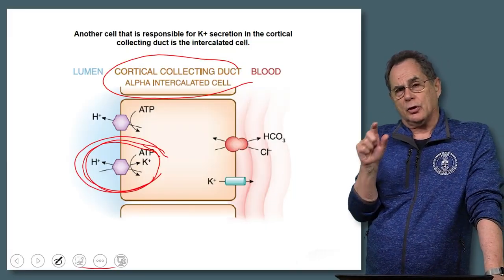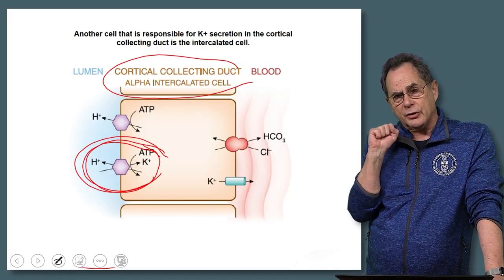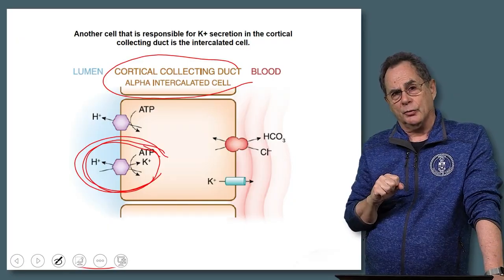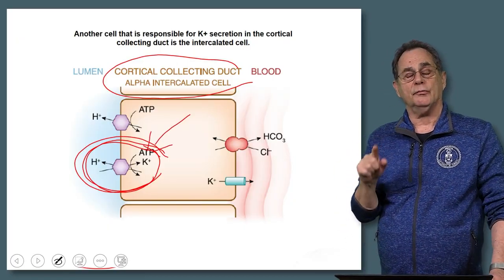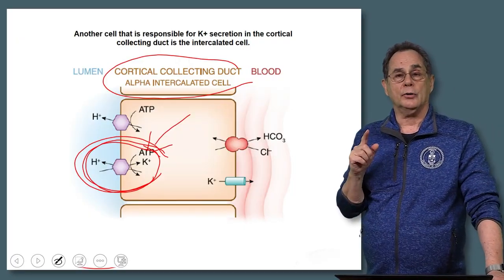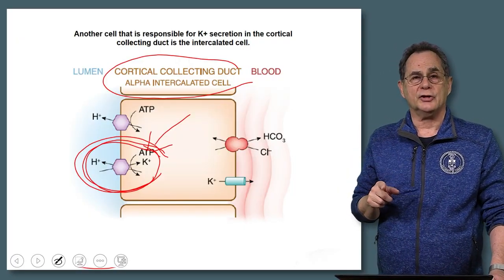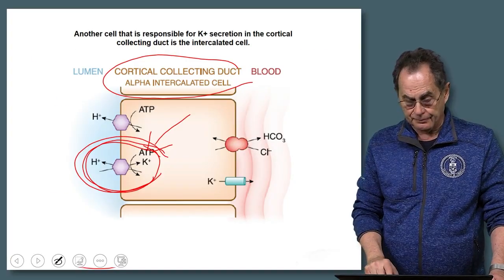So if you're sitting there in the cortical collecting duct, the ability to move hydrogen ion into that lumen requires energy, ATP. The ability to move potassium depends upon electrical and concentration gradients, and it is passive.